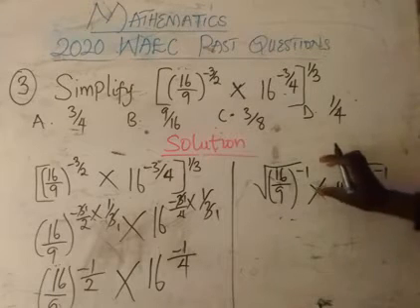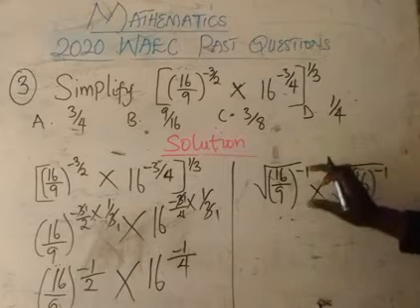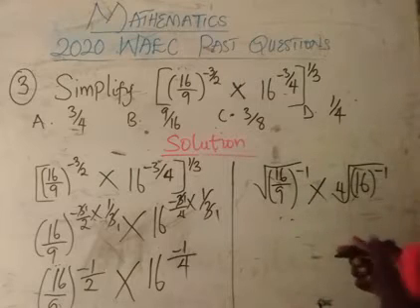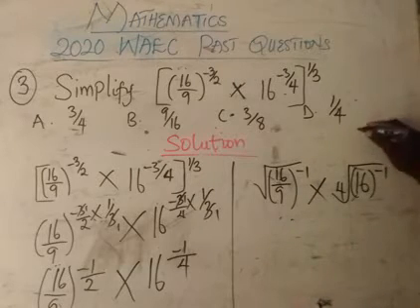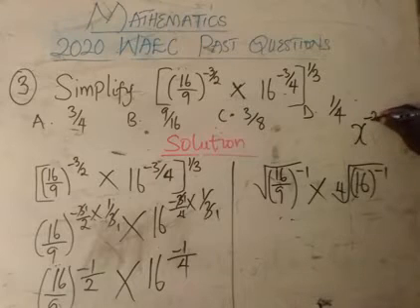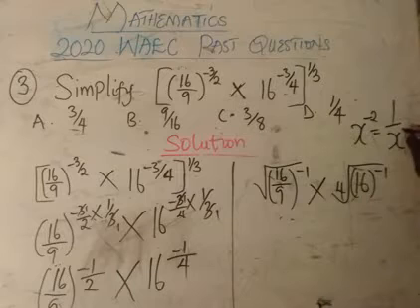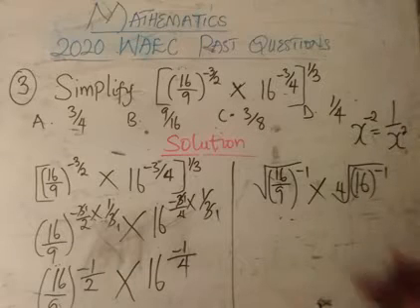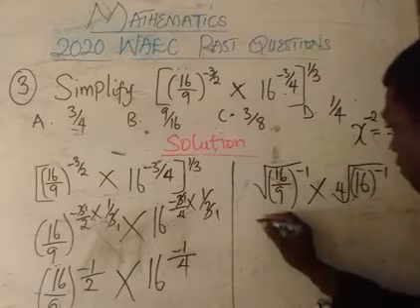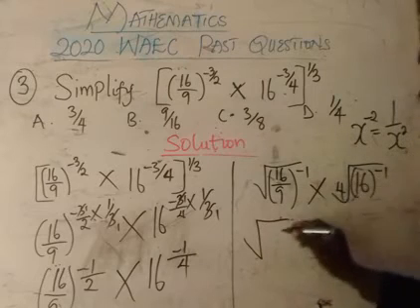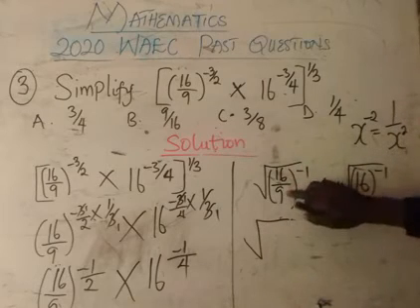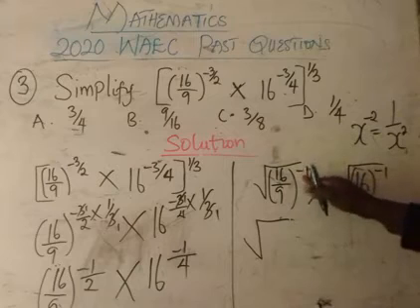Now, take a look at this. Anytime, any day, a number is raised to a negative index, like s raised to the power of negative 2, it is the same thing as 1 over s raised to the power of 2. So, the same way, we are going to have the root of, we're going to take the reciprocal of this.